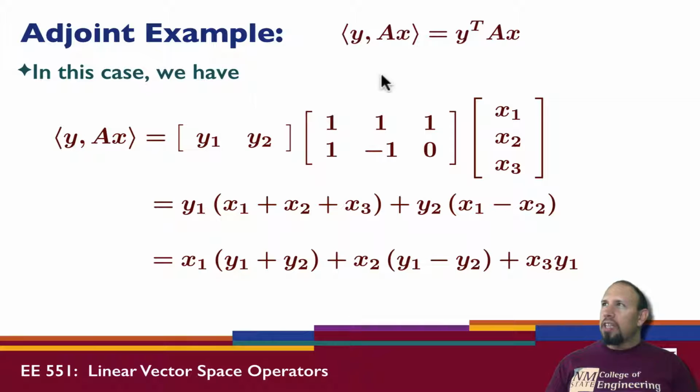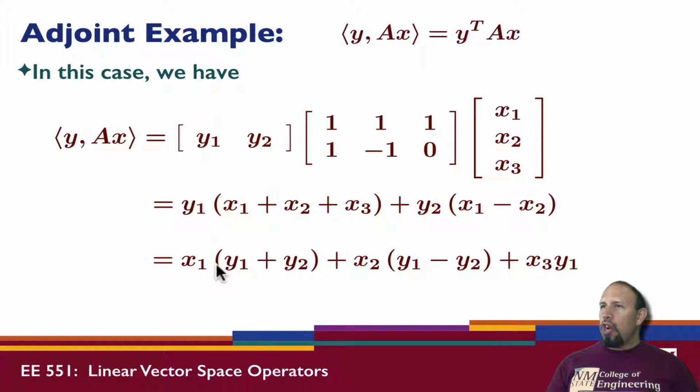So let's take a look at this. If we use this inner product, which is the inner product on the output space, as Y transpose times this, which is that, and if I multiply it through, I can go through and show this. So here, multiplying this out, I get this expression. Notice that I have Y's multiplying sums of X's. I can rewrite this equation so I get X's multiplying sums of Y's.